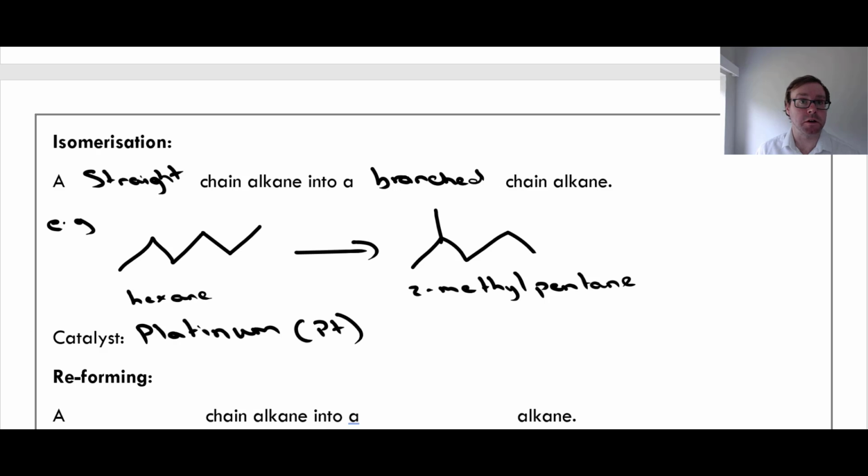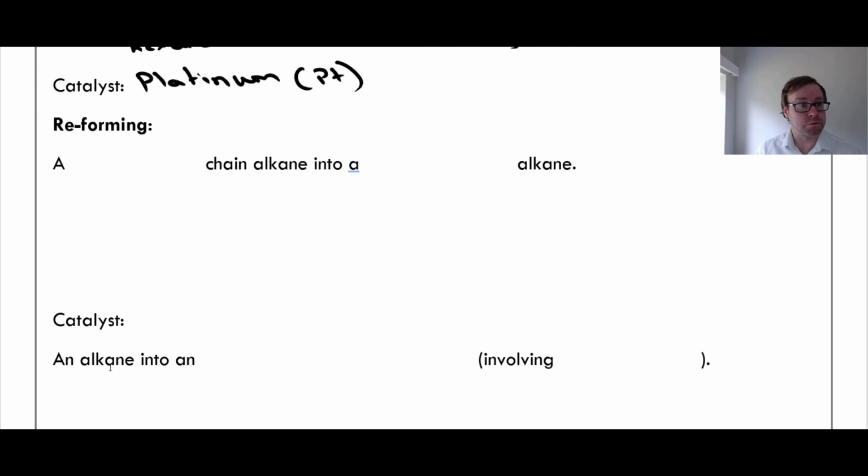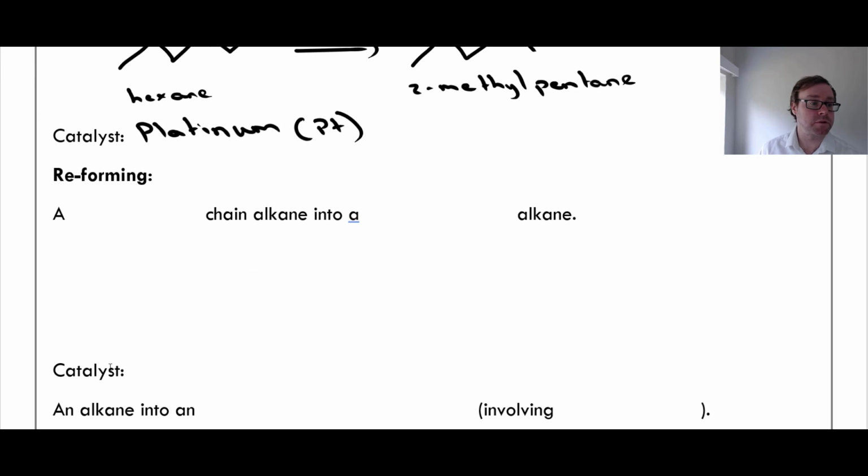Okay, so the next process is called reforming, and there are lots of different ways we can reform alkanes, but I'm just going to give you 2 examples. So first example is when I take a branched chain alkane and turn it into a cycloalkane.